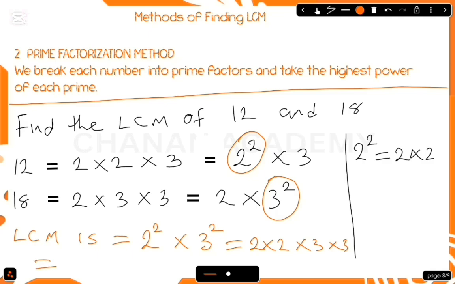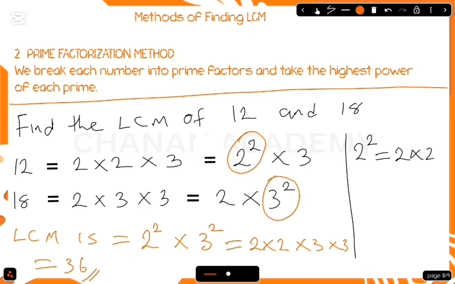Our result will be 2 multiplied by 2 is 4. 4 multiplied by 3 is 12. 12 multiplied by 3 is 36. So our LCM is 36.